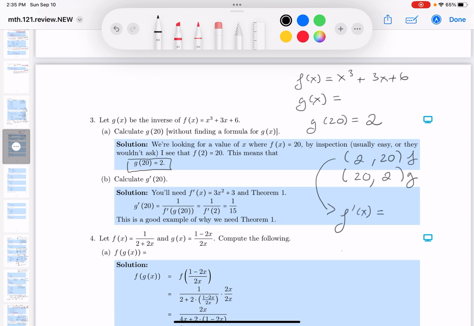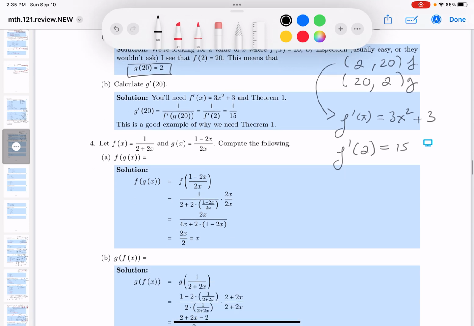What's f prime going to be? 3x squared plus 3. And what's f prime at 2? Let's think about that. That's 3 times 4 is 12, and 12 plus 3 is 15. I'm sorry, I put 16, but I said 15.